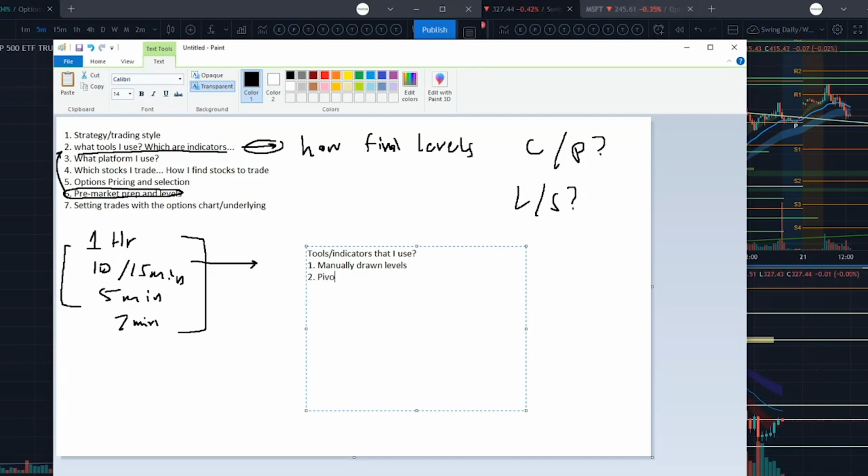Number two is going to be pivot points, standard on TradingView. Number three is going to be EMA, right? 5-12 EMA cloud, 20 EMA, and 34-50 EMA cloud. Shout out to Ripster, who created these, I believe. And then what else? Volume.